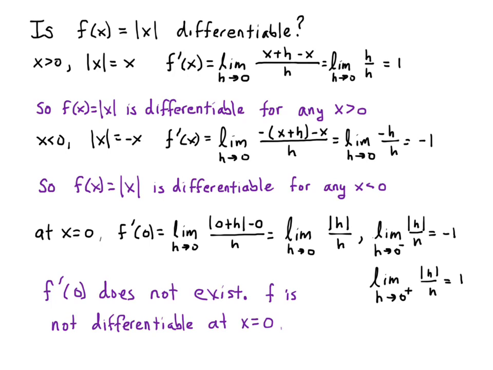Now we also said that this was continuous, right? Every real number has an absolute value. So here's a very important thing to remember: not every continuous function is differentiable. Think about that. Not every continuous function is differentiable.